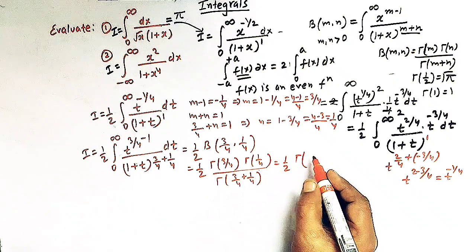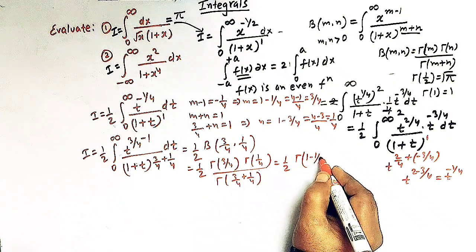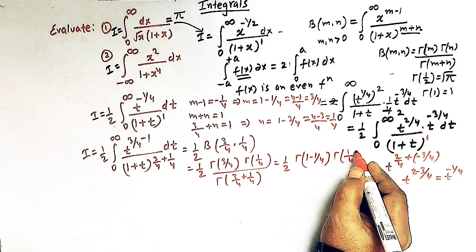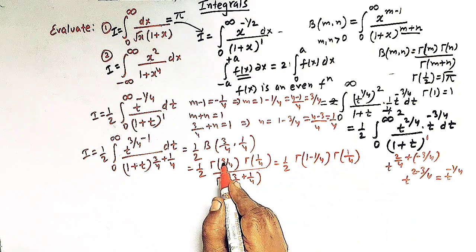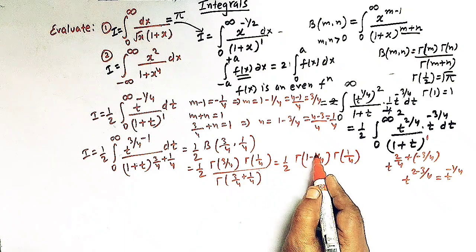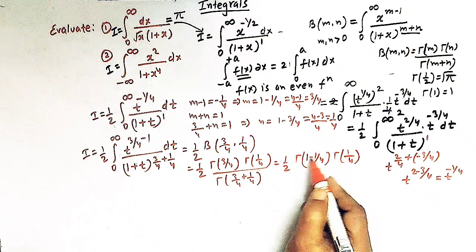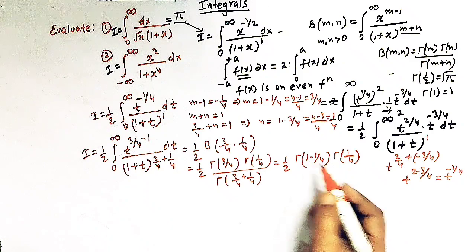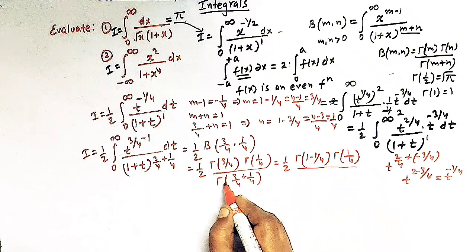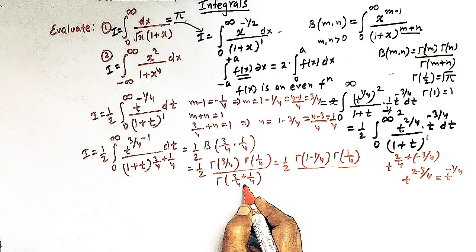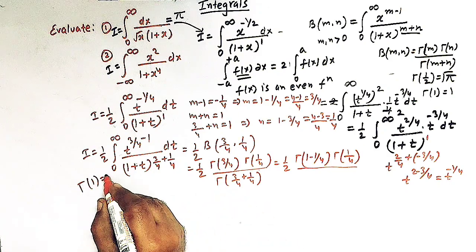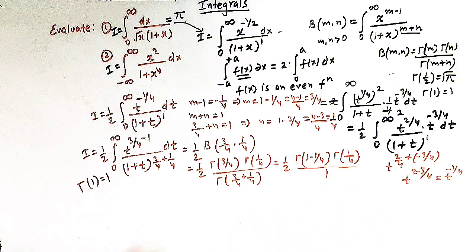Now 3 by 4 can be written as 1 minus 1 over 4. And here we have gamma 1 over 4. We have written 3 by 4 as 1 minus 1 over 4 because here we are going to use the famous Euler's reflection formula. So here we have 3 plus 1, 4 over 4 is 1, that is gamma 1, and gamma 1 is equal to 1.